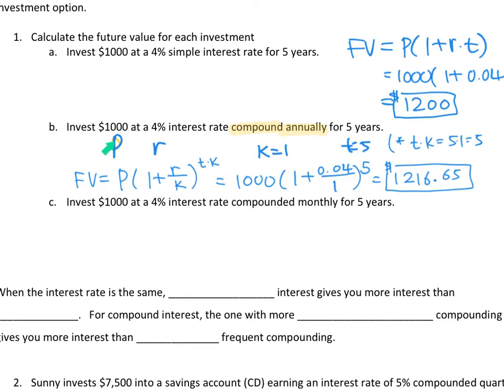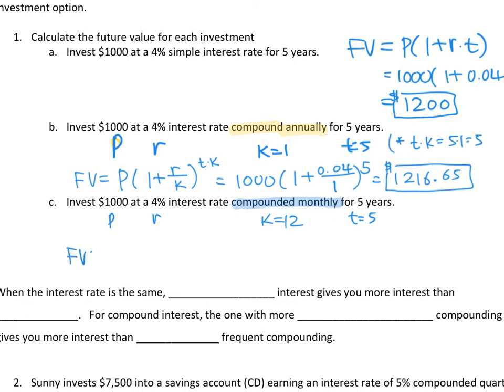Okay. Let's look at part C. Invest $1,000, so same amount, 4%, same interest rate. It says compounded monthly, so let me highlight that also. So in my head that means K is going to be 12, because if something happens monthly, it happens 12 times a year. T is still 5, so part C is basically the same as part B. Instead of compounding annually, it says compounded monthly.